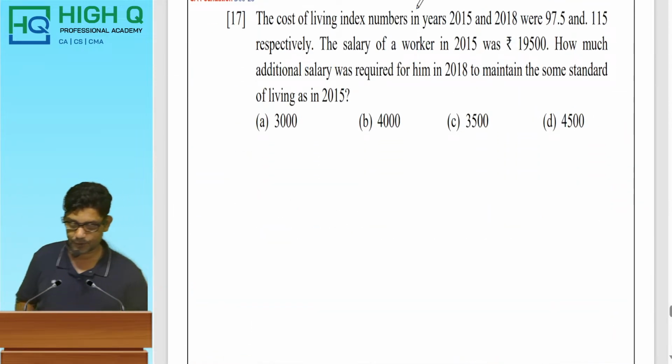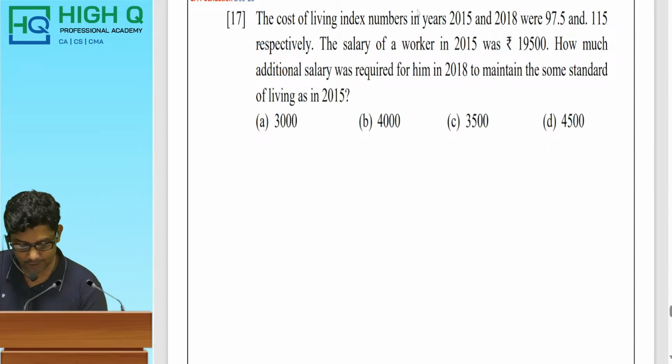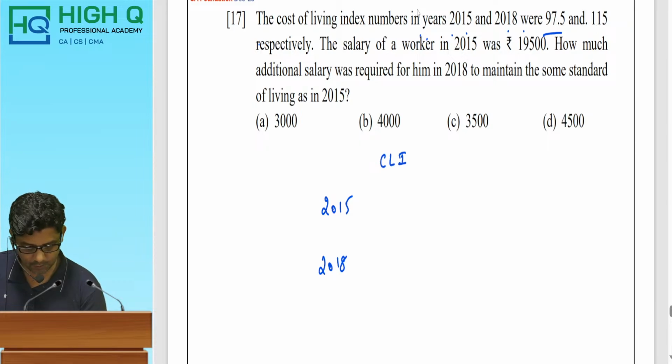Now listen here. The cost of living index numbers in the years 2015 and 2018 were 97.5 and 115 respectively.